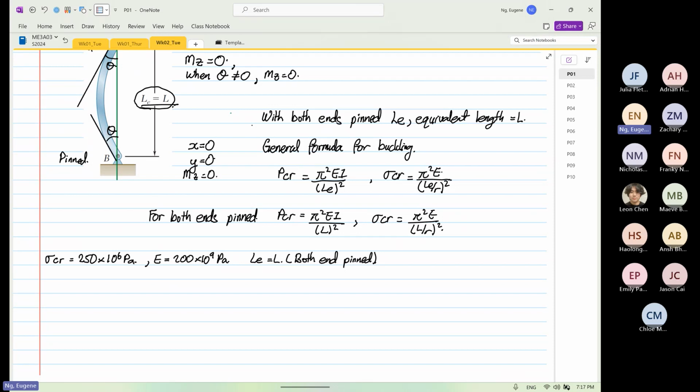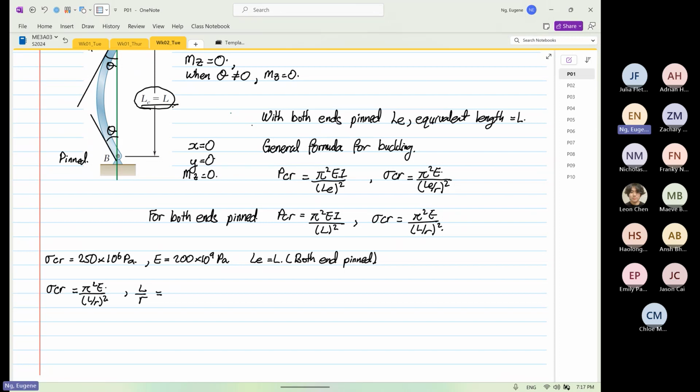When we calculate that, we apply the formula where critical stress is equal to pi squared E over L over r squared, right? So now we want to determine our L over r.